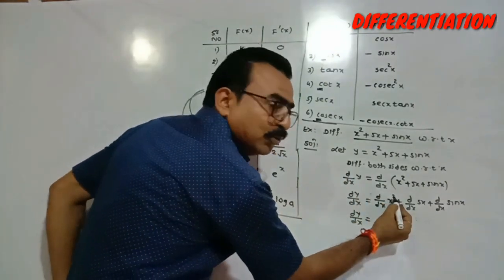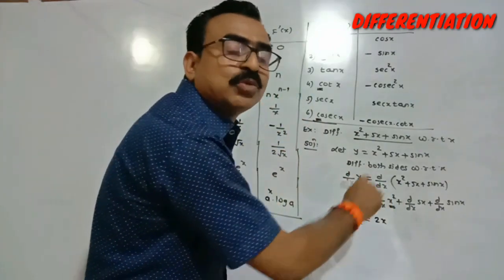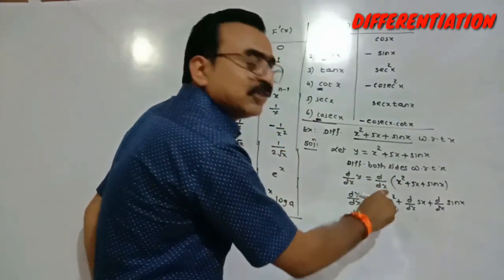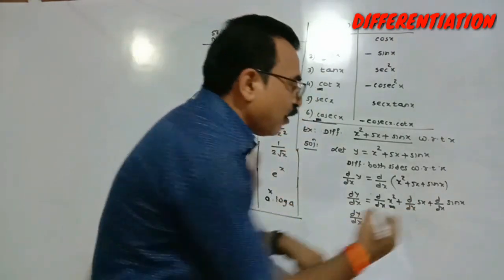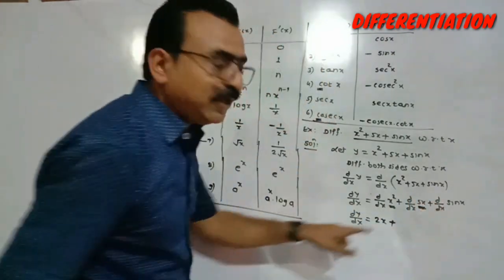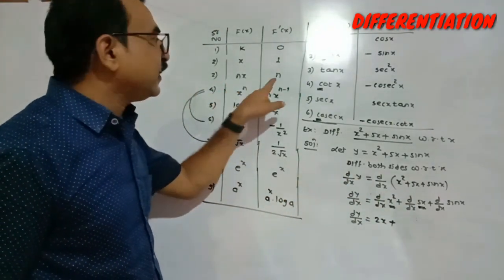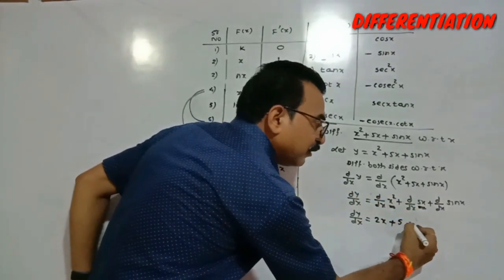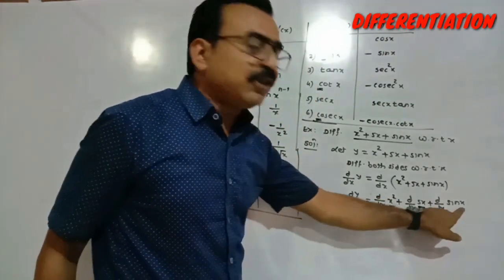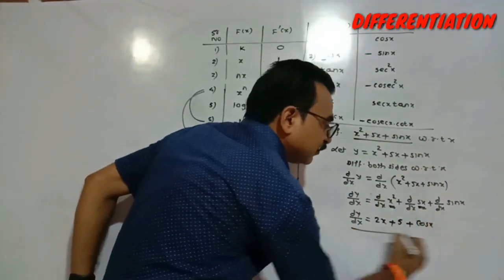Write this 2 as a coefficient and reduce its power by 1, means 2 minus 1 means 1, x raised to power 1 means x, plus derivative of 5x. This matches with nx. What is the derivative of nx? n. Then what is the derivative of 5x? 5. So write down 5 plus derivative of sin x. According to this formula, derivative of sin x is cos x.